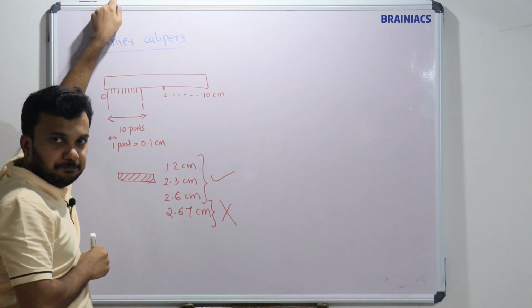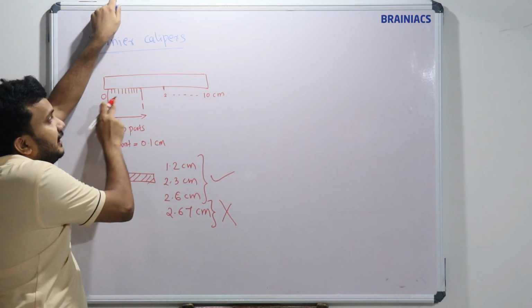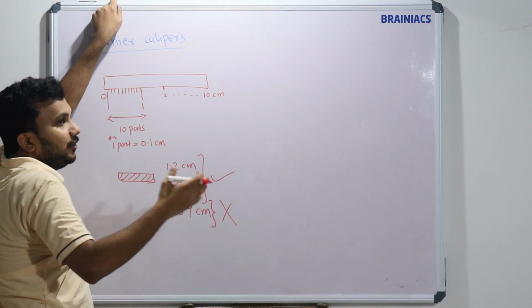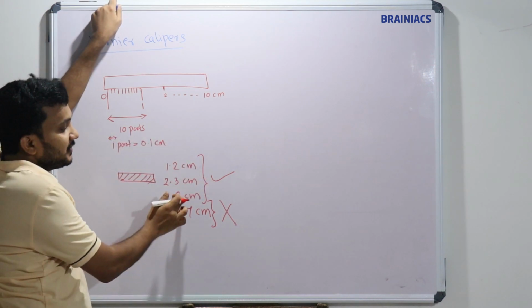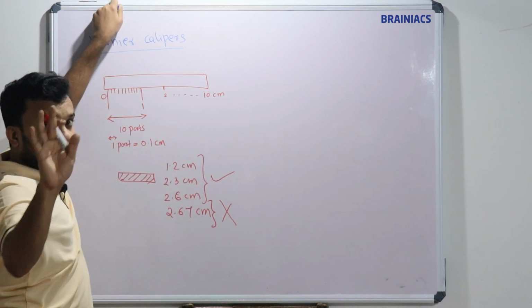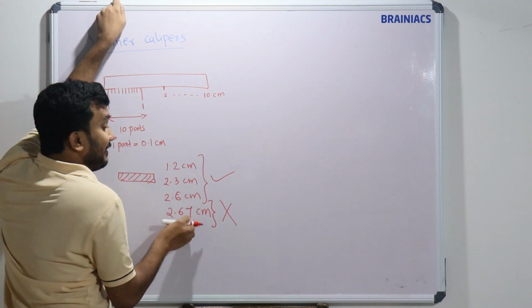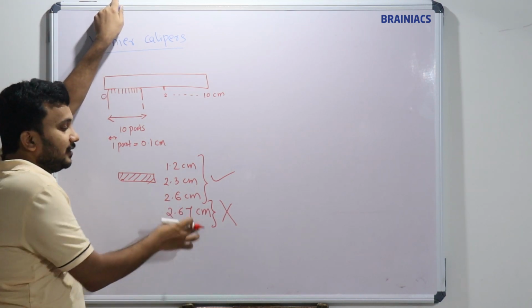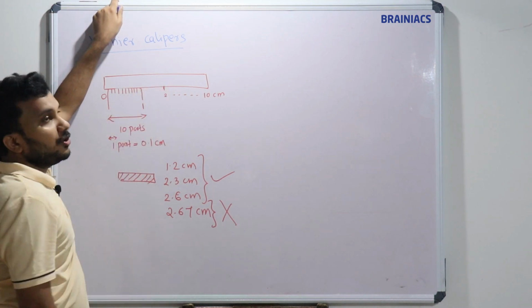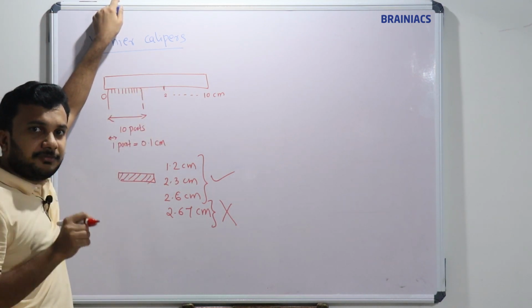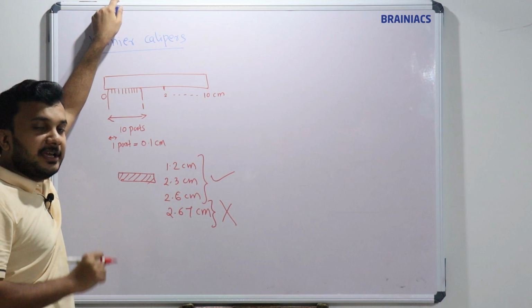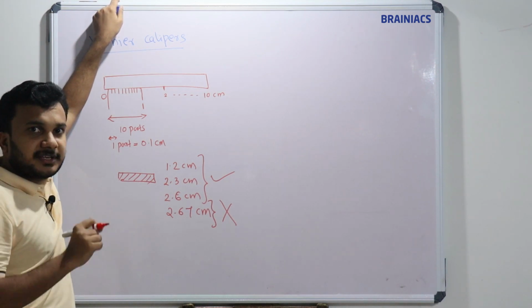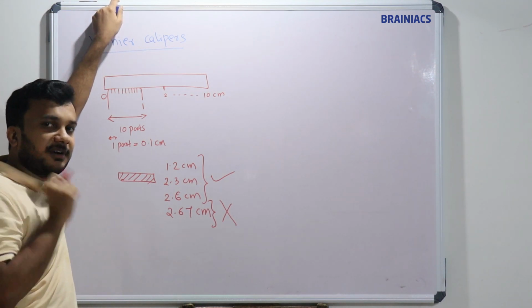It's not possible, because the divisions in the scale go from 0.1, 0.2 up to 0.9. After 0.6, 0.7 will come. So it is not possible to measure 0.67 with a normal scale. This is one of the major disadvantages of using a normal scale for measuring the length of a device.